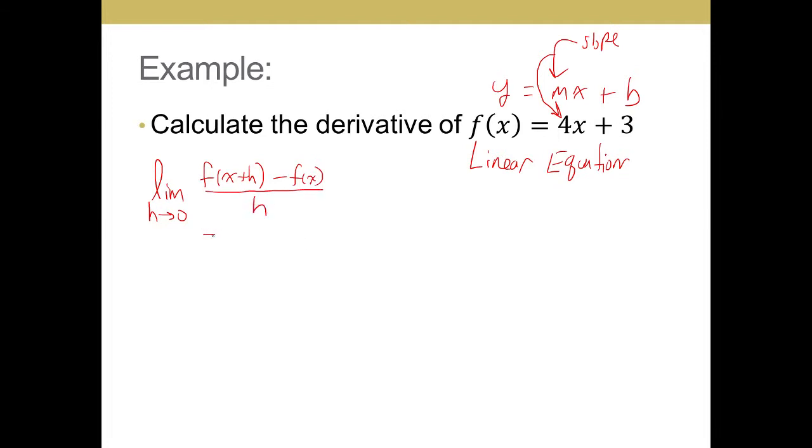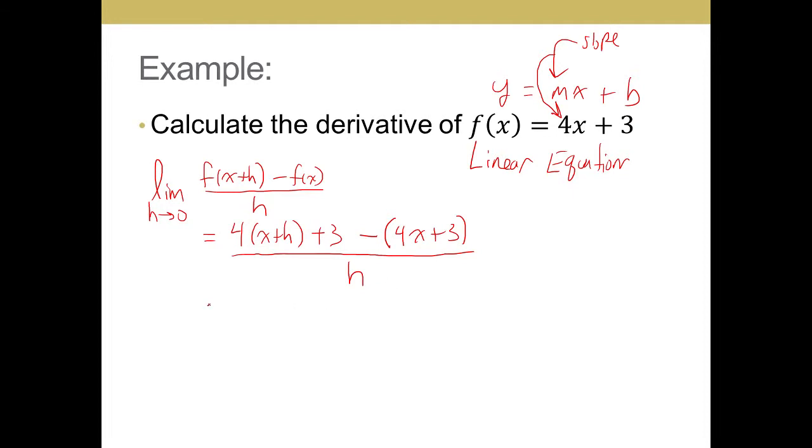So this is going to give me the following. We get 4 times x plus h, plus 3, minus bracket 4x plus 3. Keep in mind that you're subtracting the entire function, so to avoid getting confused by the signs, put brackets around f of x to remind yourself you're subtracting the whole function, not just part of it.